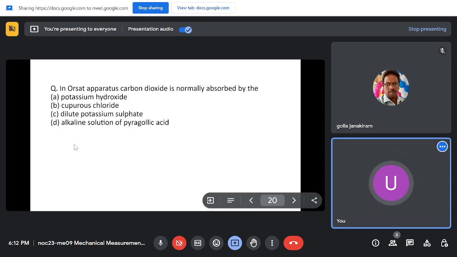So three separate columns are there. Potassium hydroxide will absorb carbon dioxide, alkaline solution of pyrogallic acid will absorb oxygen, and cuprous chloride will absorb carbon monoxide. In this case they have asked for carbon dioxide, so the answer is option A, potassium hydroxide.